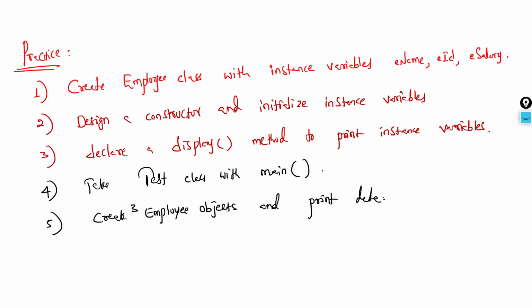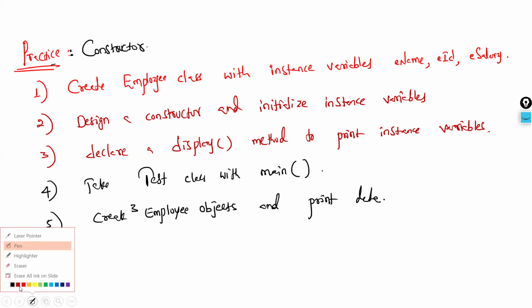So this is one practice question on constructors. Please write handwritten code, then execute it in Eclipse. It's not create cube, it's create 3 employee objects. Like we did student 1, student 2, student 3, the same way employee 1, employee 2, employee 3.